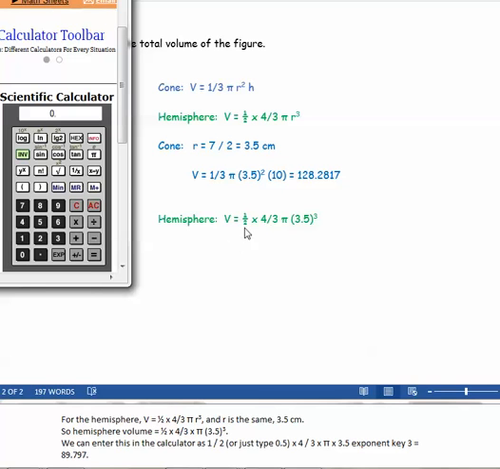We can enter this on the calculator as 1 divided by 2, or you could have just entered 0.5, times 4/3, so times 4 divided by 3, times pi, then times 3.5 cubed, so 3.5, exponent key, 3. And I'm not sure where that 42 that was there a moment ago came from, but the answer should be 89.797.